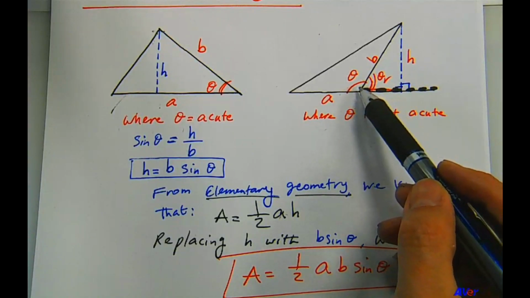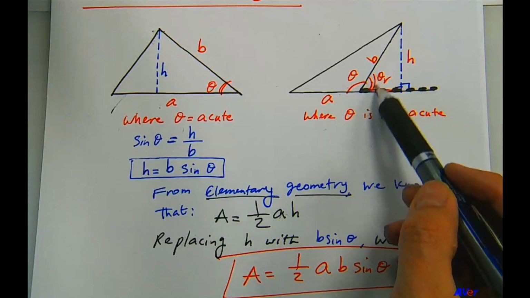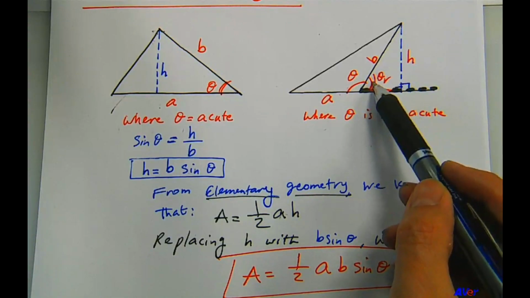Suppose this is 120 degrees and the reference angle is 60 degrees, so sine of 120 and sine of 60 degrees would be the same.